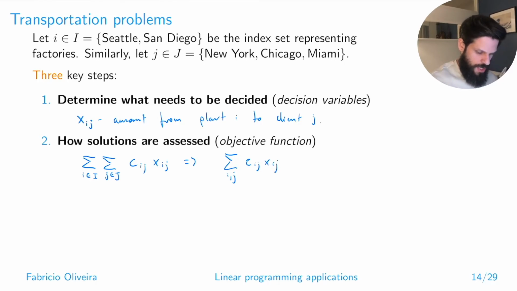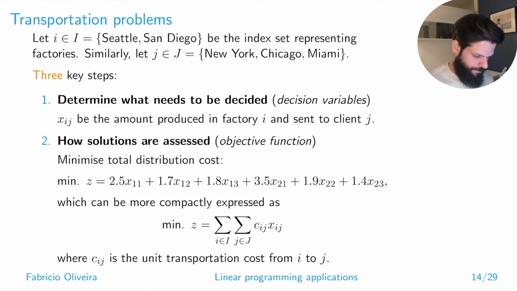This is just a shorthand for this double summation. And that's how we assess our objective function. Because we're not crazy, what we want to do is minimize our costs, which is exactly what we have here. Here it is with the actual numbers; I wrote it more compactly, but if I actually look at the costs, I get these elements.